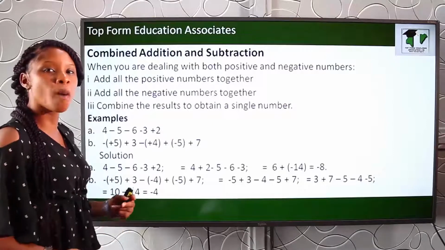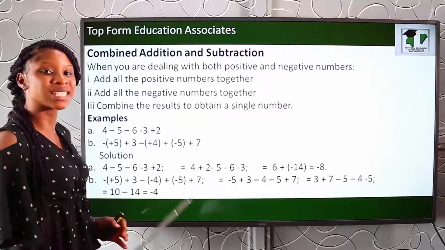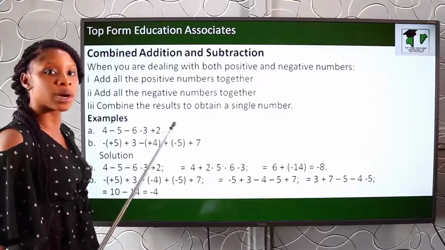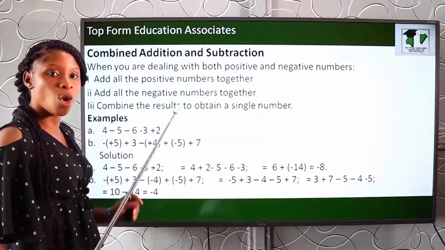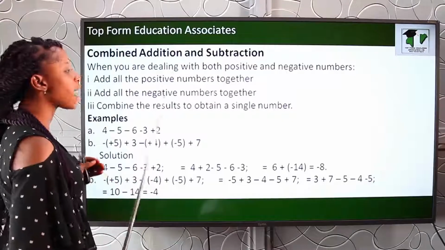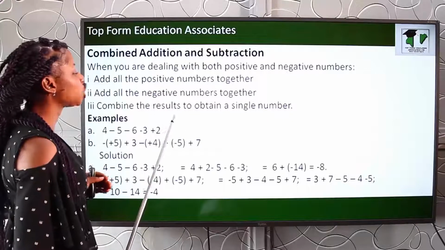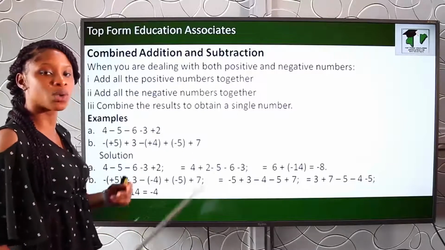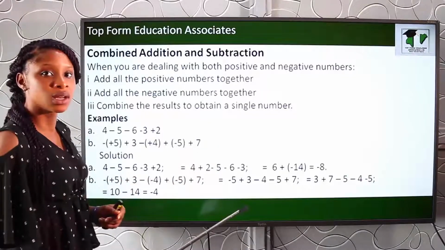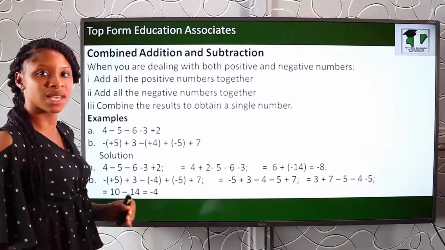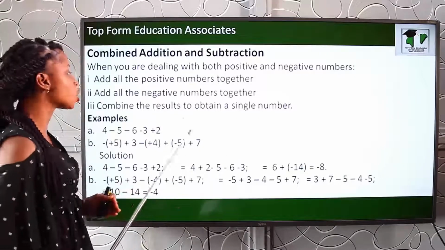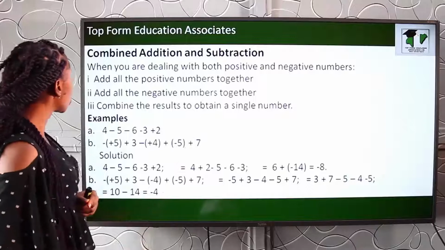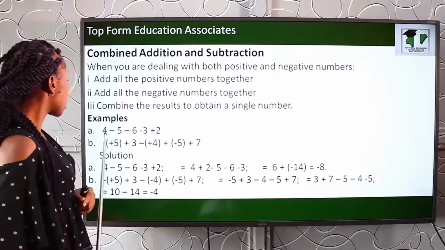And number 3, you combine all the results to get a single number. When we have a question having both negative and positive signs, the first thing to do is to add all the positive numbers together. Then you add all the negative numbers together and you combine the results to obtain a single number.